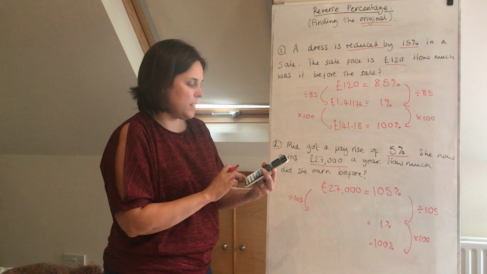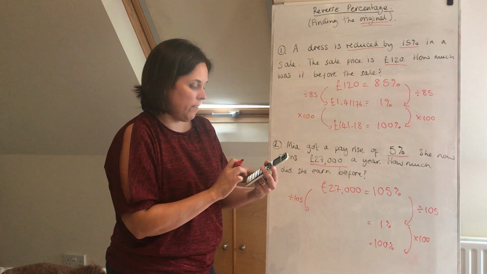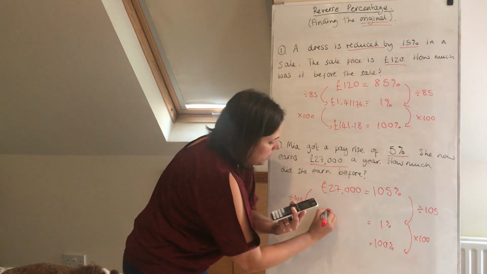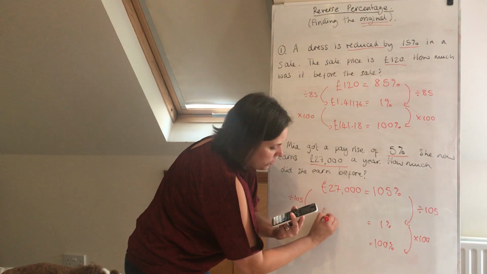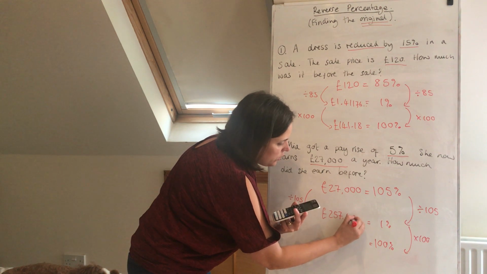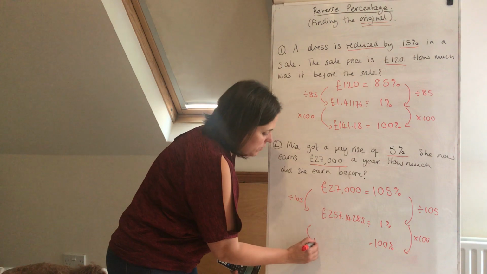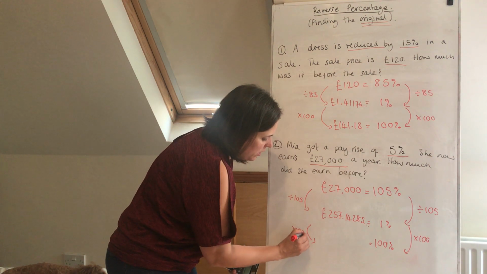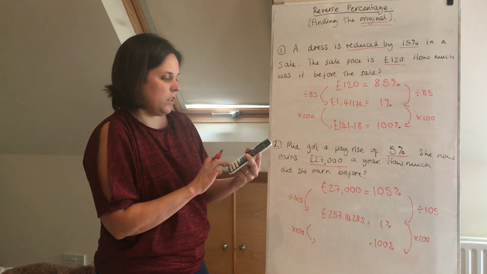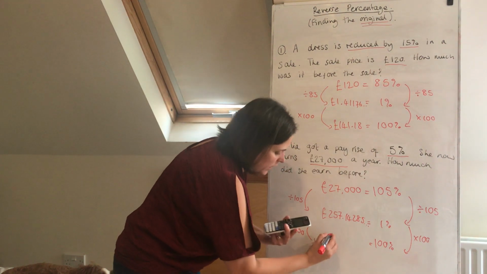So if I take 27,000 and I divide that by 105, I get 257.14285 and some more numbers. And then I'm just going to times that by 100.